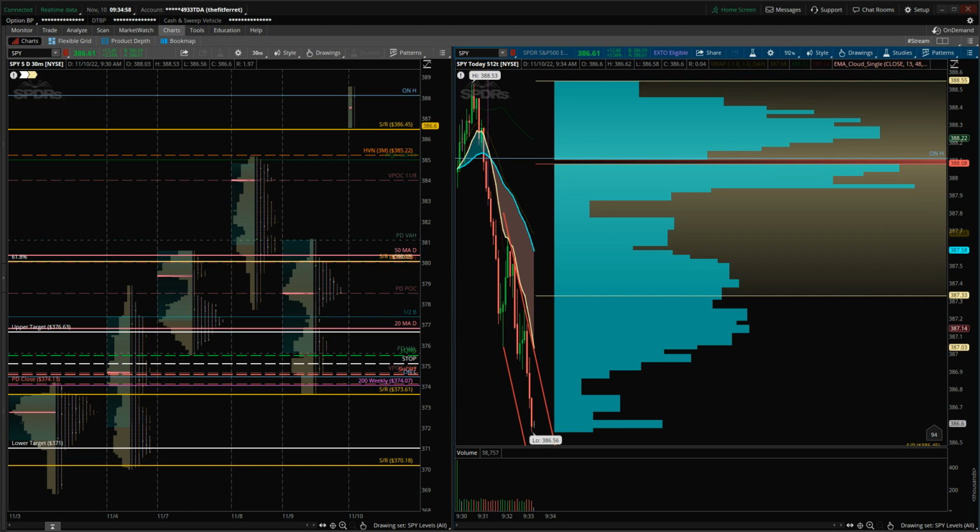Here's our first potential pivot. Major support resistance.